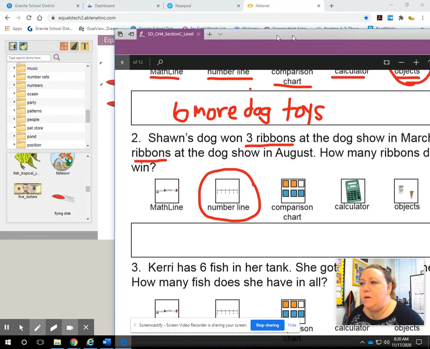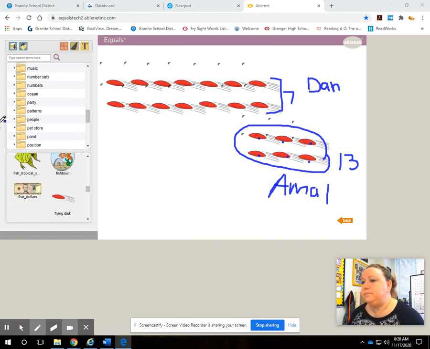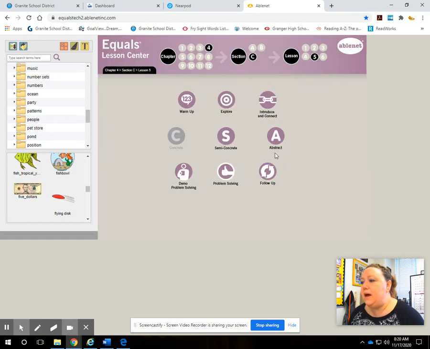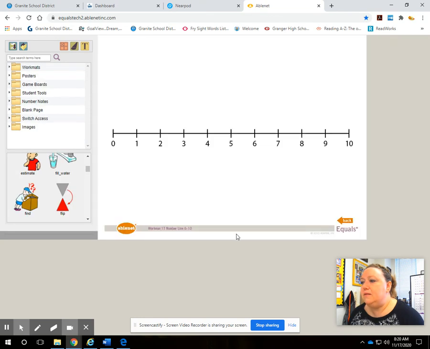So let's go back and we're going to take a look at a number line. We're going to look at our number line right here. And he said that we started with 3 ribbons in March, and then in August he won 3 more.